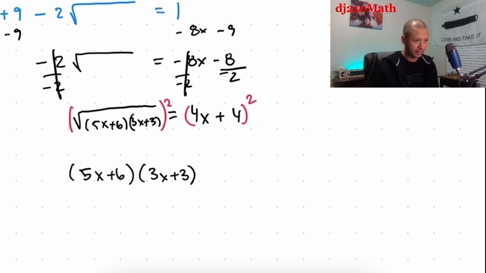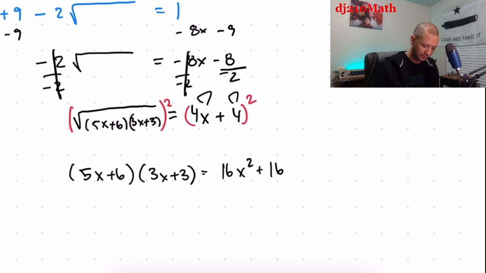All right, right-hand side, 4x plus 4 squared. Again, we're going to use our trick. So a times a, that's going to be 16x squared. B times b is 16. And then 2 times a times b. So 4 times 4 is 16, times 2 is 32. So plus 32x.